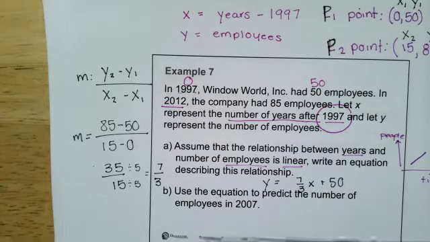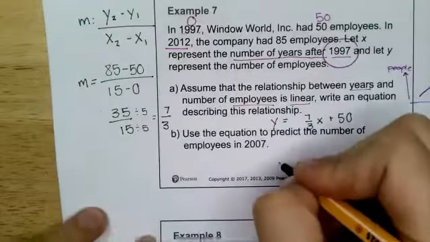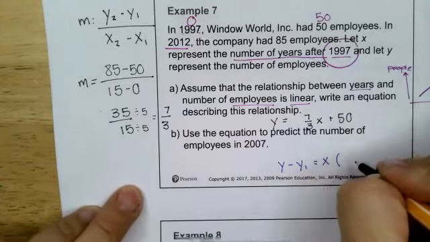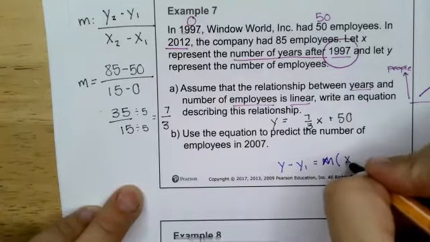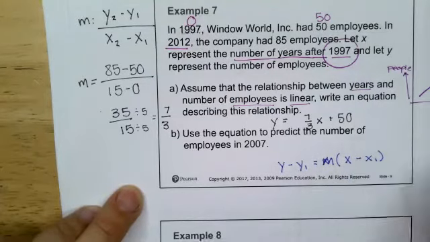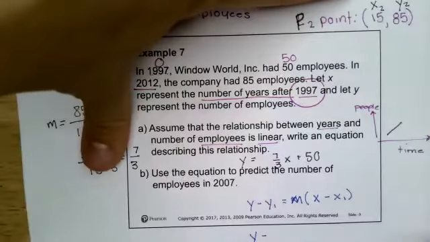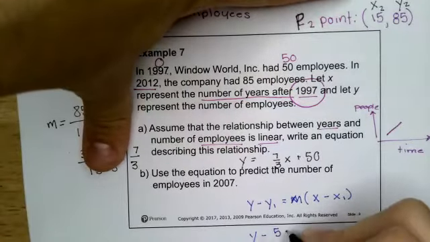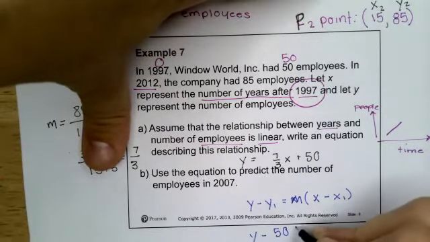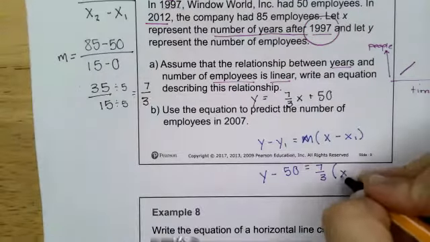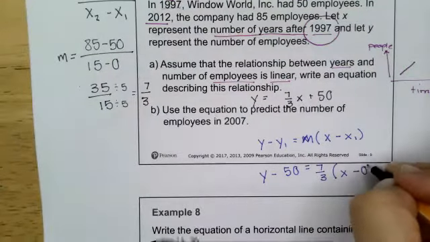let's see, point slope equation of a line: y minus y1 equals m times x minus x1. Good. y minus, we're going to take this easy point, 50 equals, my slope is 7/3, times x minus 0.